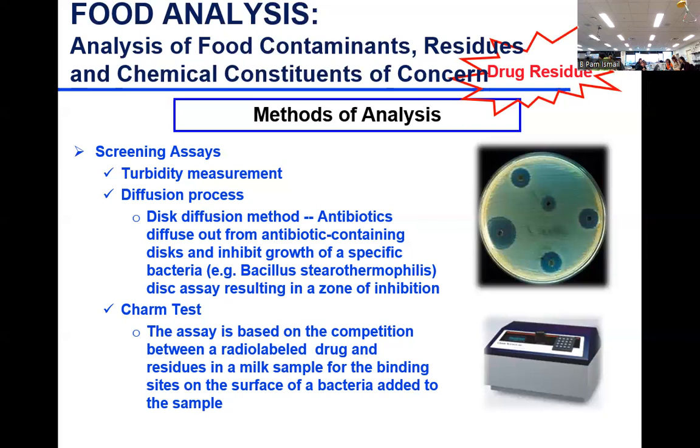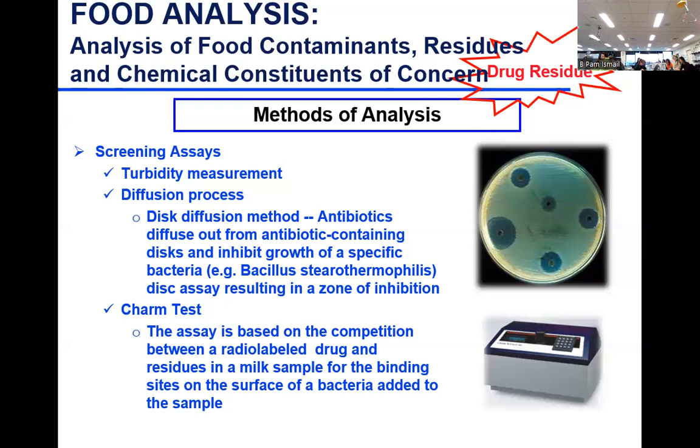Charm test is a very common test that you can find commercially. It's very easy. It uses radio-labeled antibiotic. These antibiotics will compete for bacteria that you add to your sample. You add a bacteria, and then the radio-labeled drug will compete with any drug present in your sample.